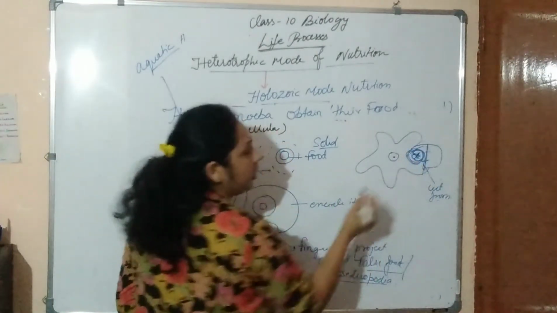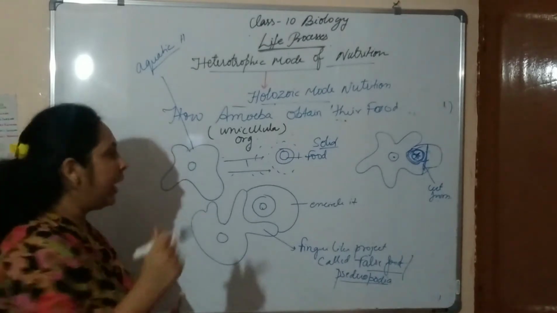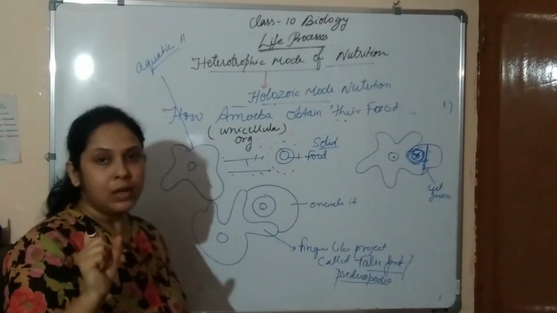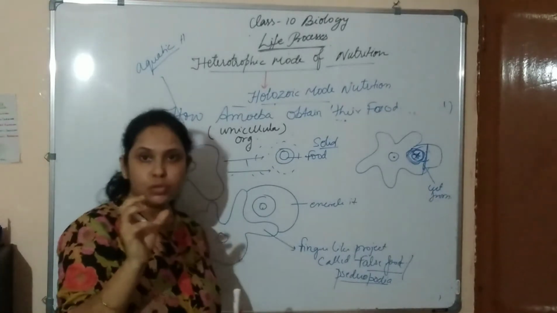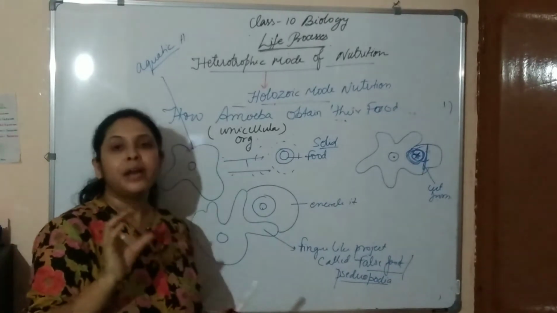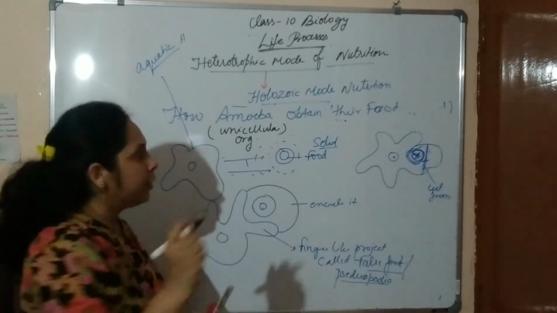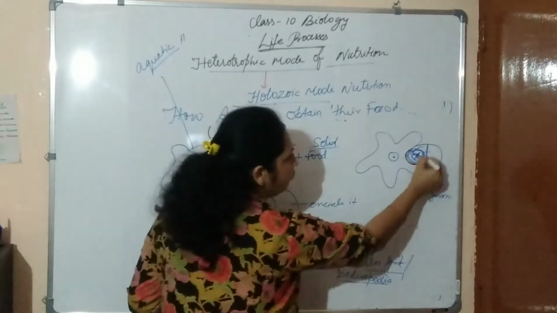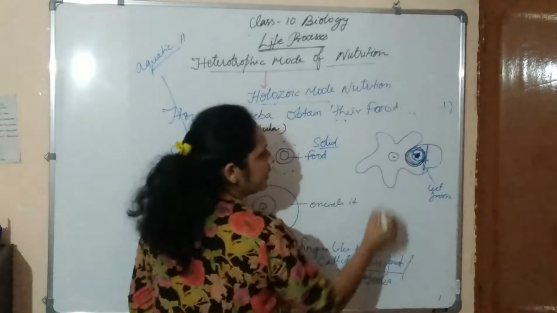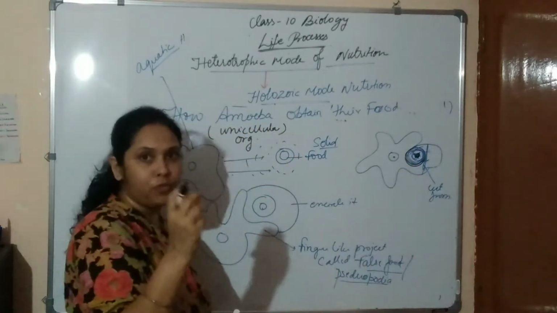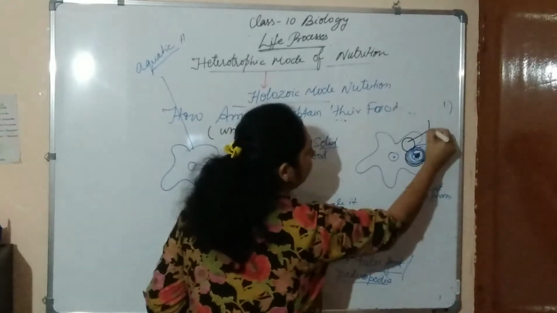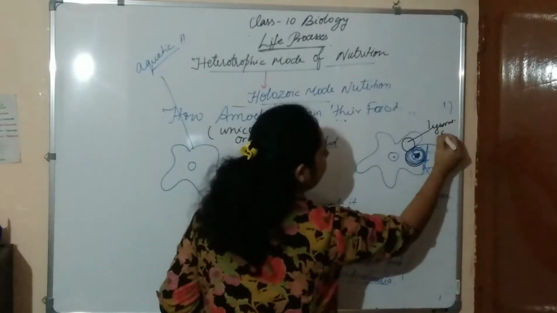One more thing: amoeba also have food vacuoles and contractile vacuoles. Food vacuoles are basically used for digestion of the food, and the contractile vacuole is to regulate the water concentration. So the food comes inside in the form of a vesicle, and now it becomes a food vacuole, and the lysosomes get attached.